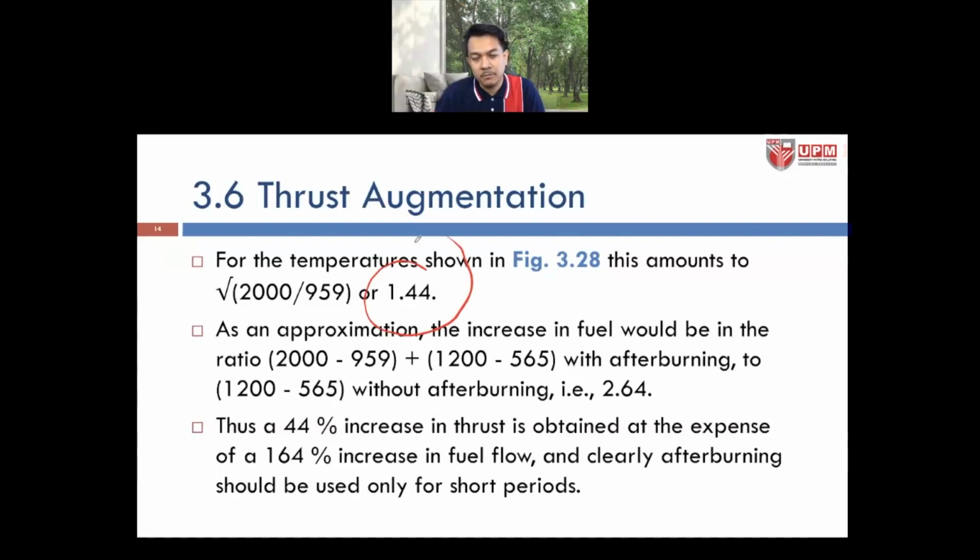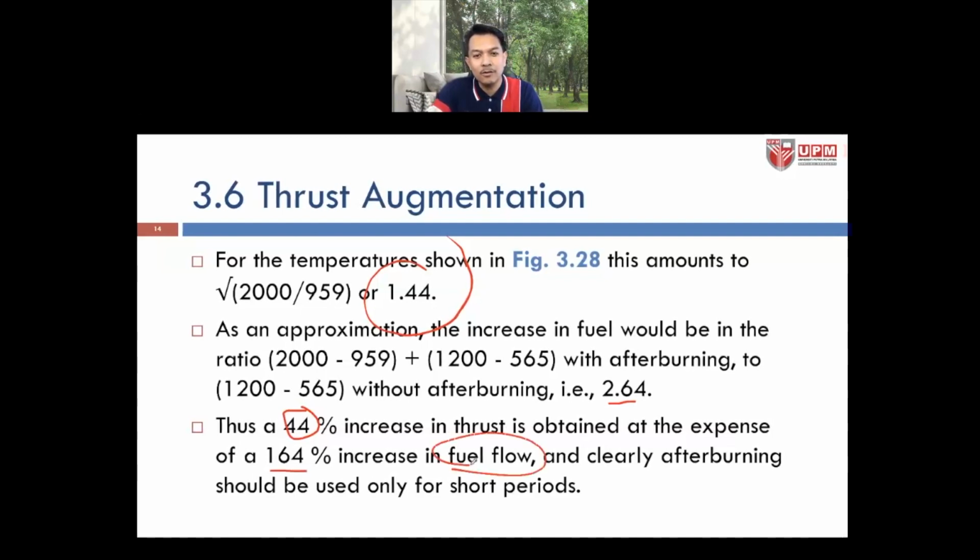As an approximation, the increase in fuel would be in the ratio of 2000 minus 959 plus 1200 minus 565 with afterburning, to a value of without afterburning of 2.64. Thus, a 44% increase in thrust is obtained at the expense of a 164% increase in the fuel flow.